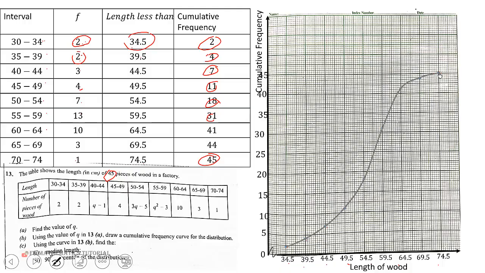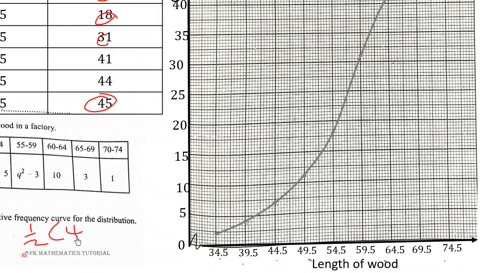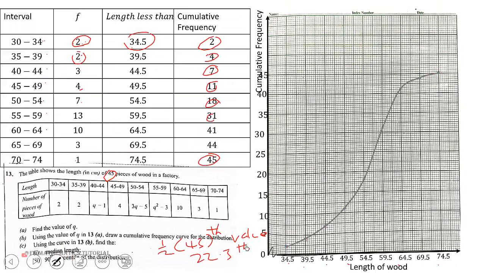So median length will correspond to half of the total frequency, the value that corresponds to this, which is the 22.5 value.